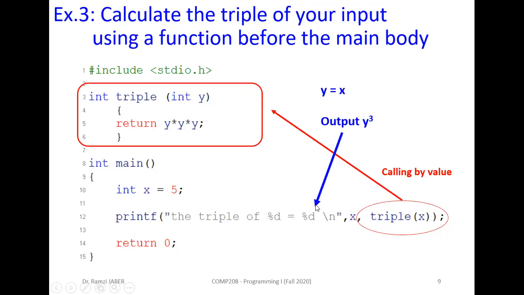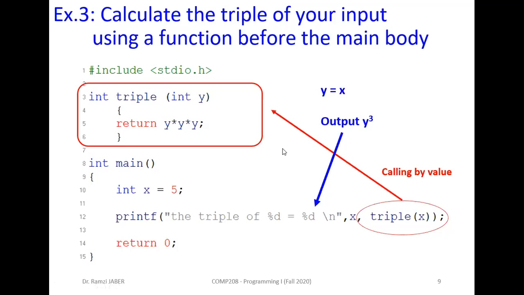So the result of this function will be in the memory, y cube, and replace inside the printf, on the screen, replace %d, the second %d. So the second %d is y cube, y times y times y, which is y equal to x. So this is how the function works.